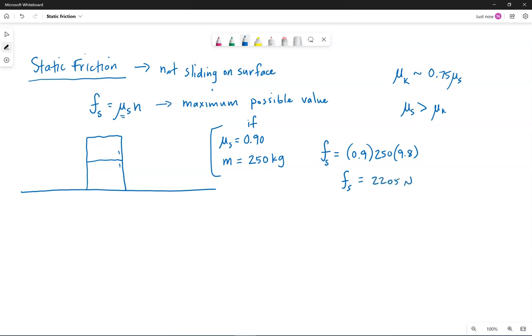So 2205 newtons. I'm not worrying about sig figs at the moment. I'm just making up numbers. I want to just talk about what this means. This is the biggest the force of static friction can be.